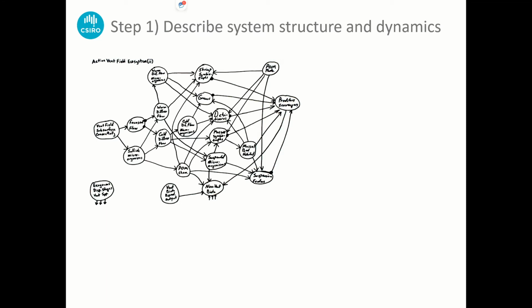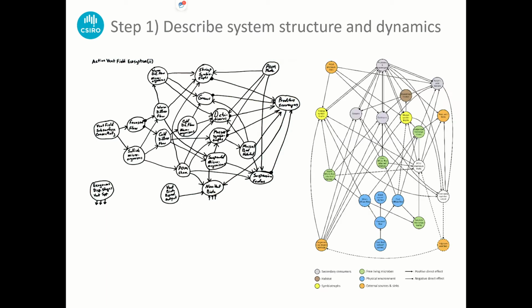So this is the actual output of the workshops that we did. And so we built these models up through an iterative process of people getting together and describing all the different parts of the system that you can see here, and then how each of those different parts of the system relates to each other. More formally, it gets drawn up as a diagram that looks like this.